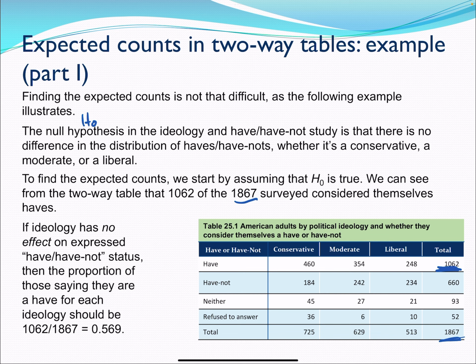If ideology has no effect on haves or have-nots, then the proportion of haves that we should have for each ideology is 1,062 over our total, so it'd be 56.9%. That would be the proportion of haves if this was true for everyone.